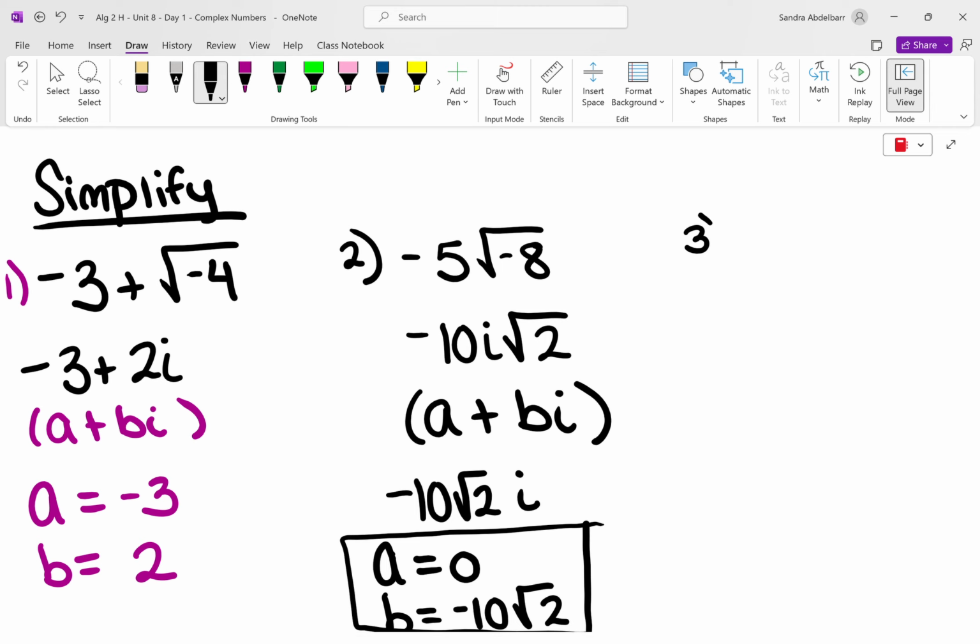Okay, you guys do this next one on your own. I want you to simplify and then identify what's your a, what's your b.